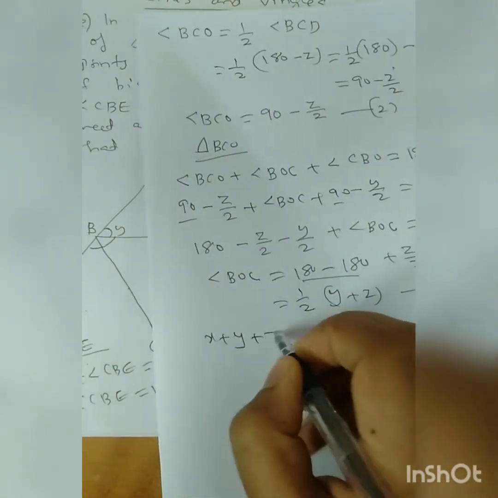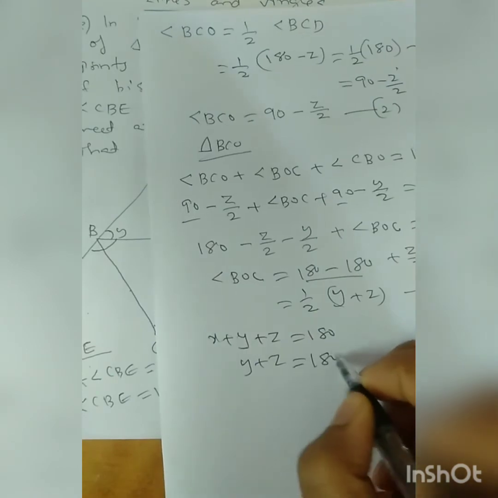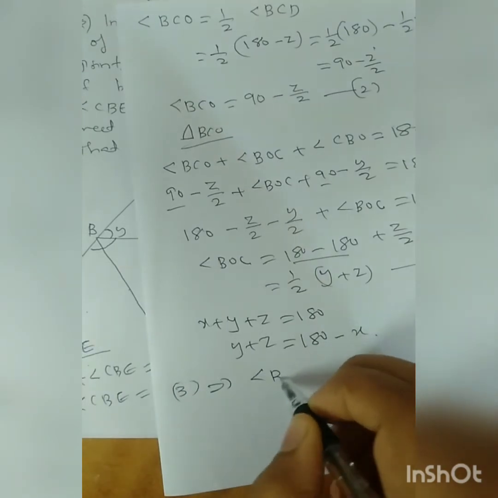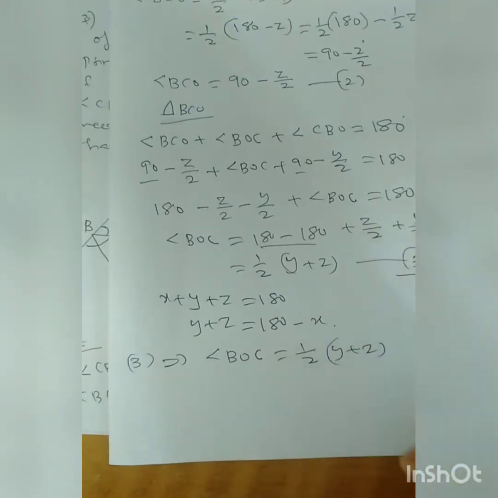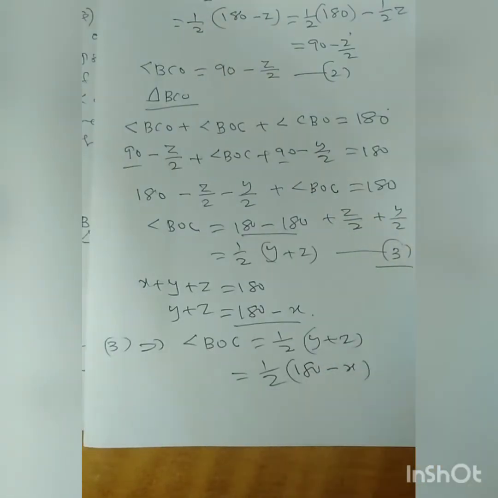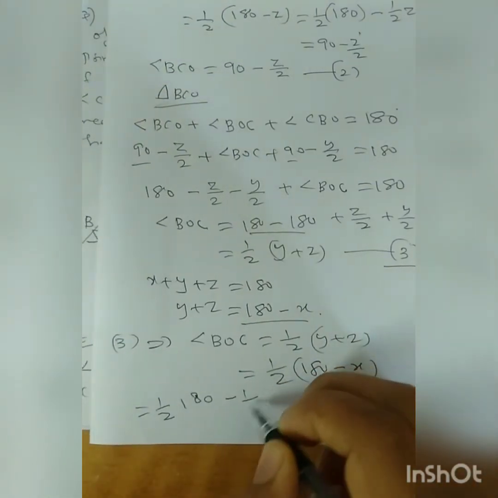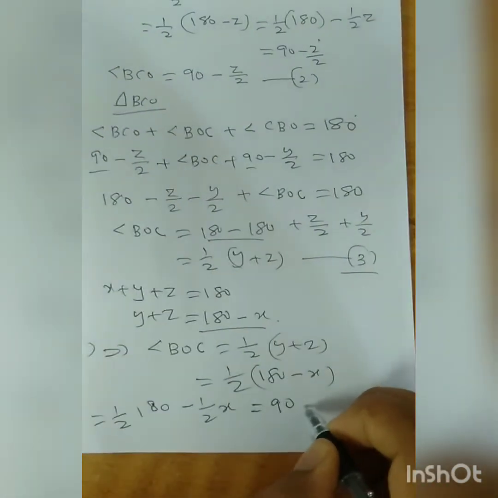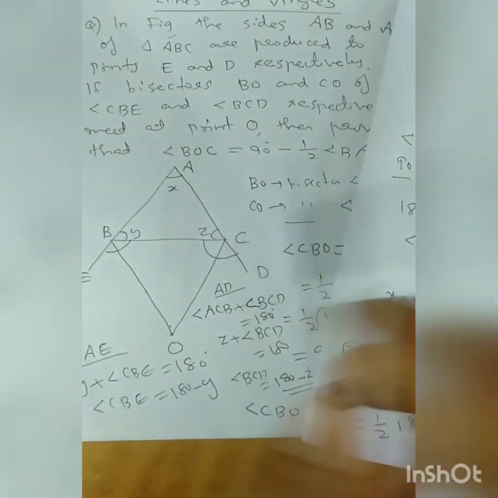Therefore, Y plus Z is equal to 180 minus X. Therefore, equation 3 becomes angle BOC is equal to half into Y plus Z, which is equal to half into 180 minus X, which is equal to half into 180 minus half into X, which is equal to 90 minus half into X. X is equal to angle BAC.